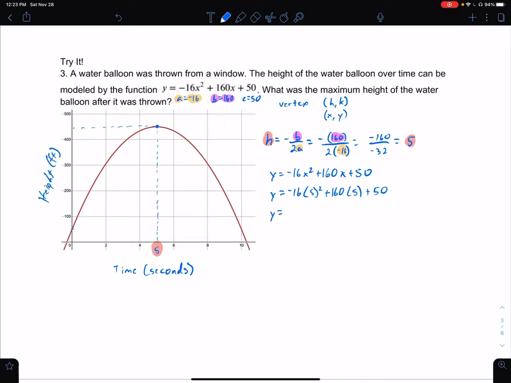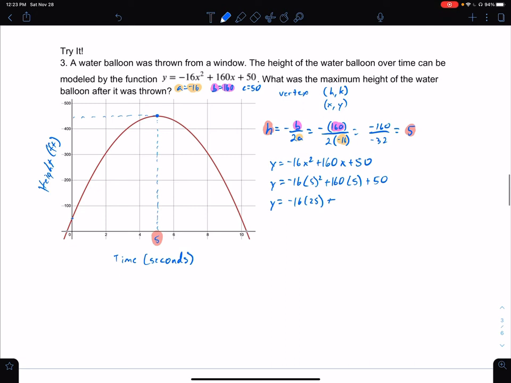So y is equal to negative 16 times 25 plus 160 times 5, which would be 800. So y is equal to negative 400. Make sure my math is right.